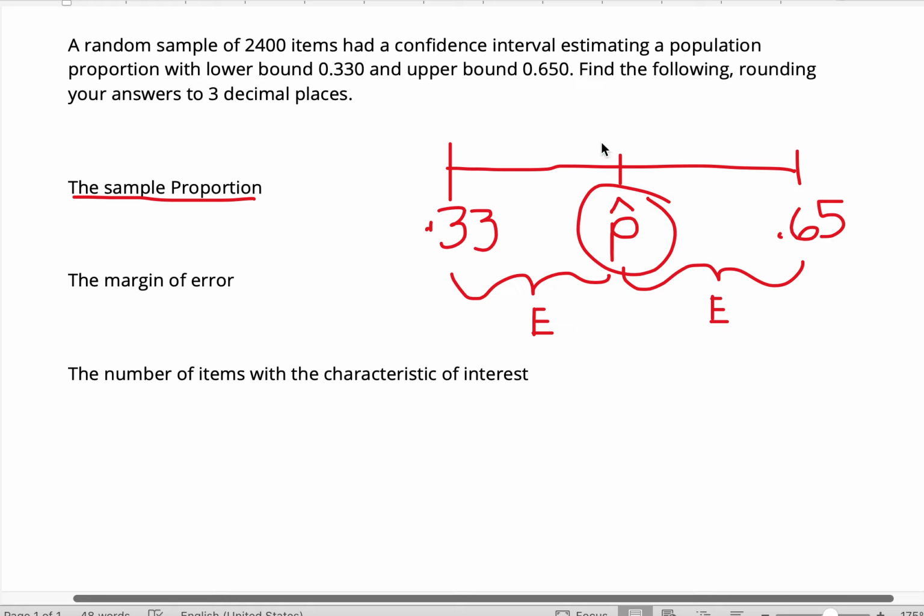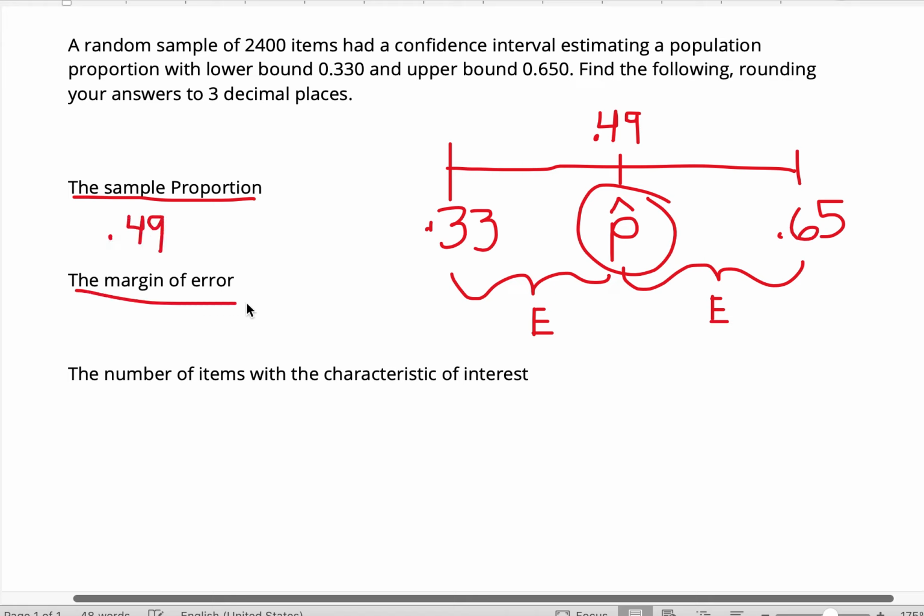When we do that, you're going to find that the sample proportion is 0.49. That is the center of our interval. So that means 49% of that 2,400 items had that characteristic that we were looking for. So that would be the 0.49.